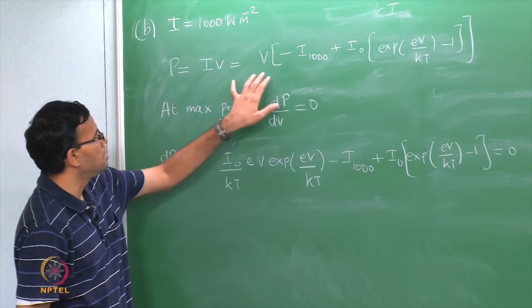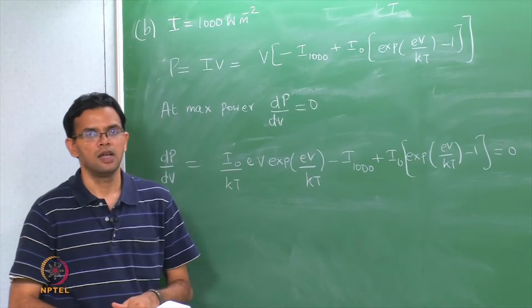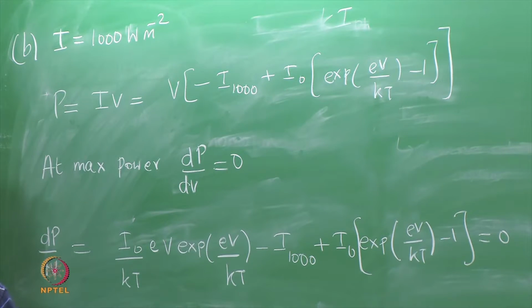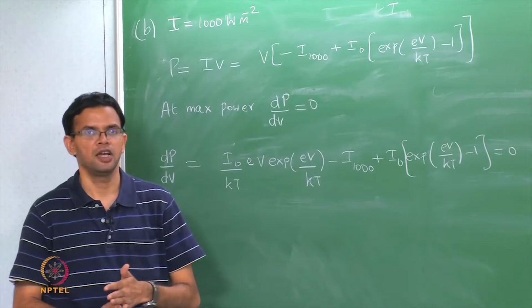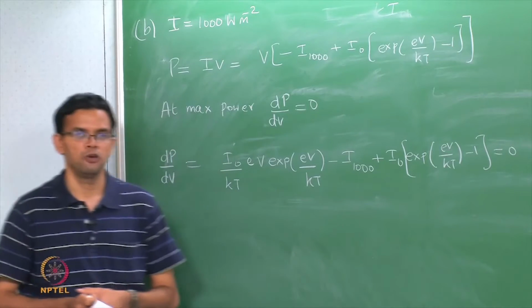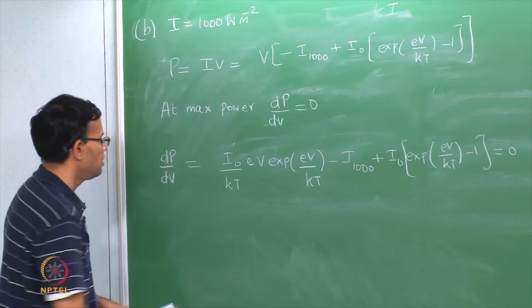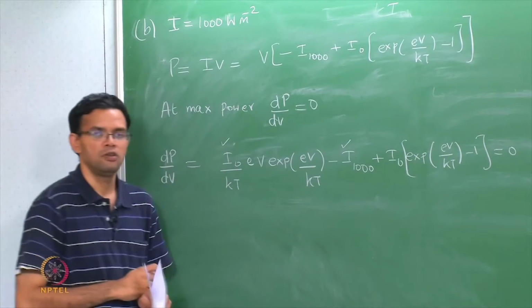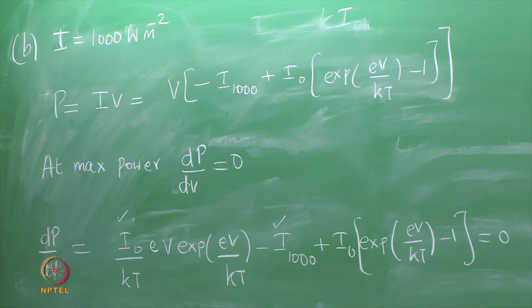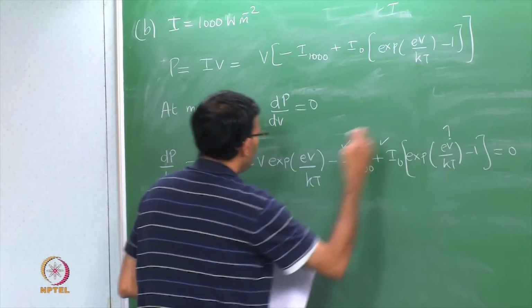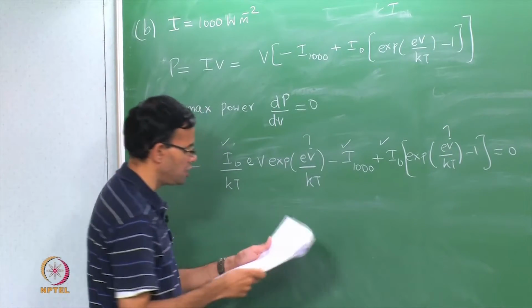So, this you can get by essentially treating this as the differential of two functions. So, you differentiate one keeping the other constant, and then you differentiate the other keeping the first one constant. This is now equated to 0 for maximum power. So, in this case I naught is known, I 1000 is known, this is the short circuit current at 1000, which is 2 times the short circuit at 500, and we just calculated it. So, the only unknown is essentially the voltage.